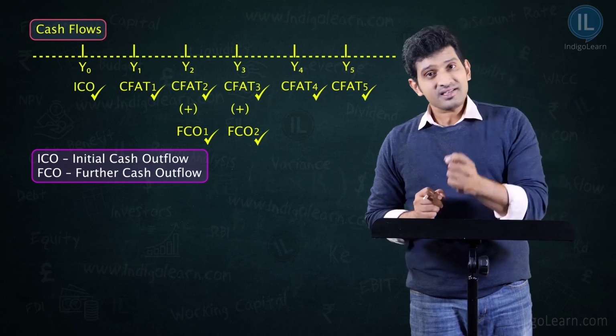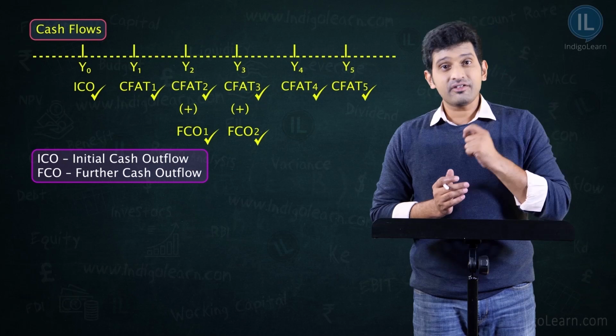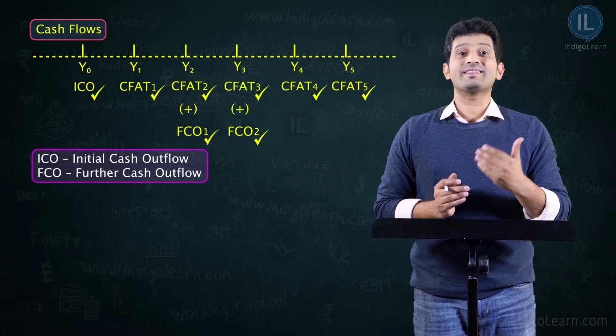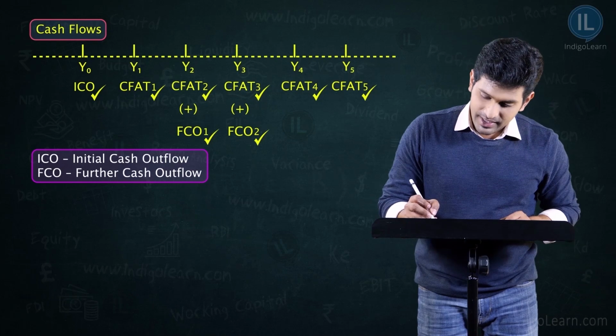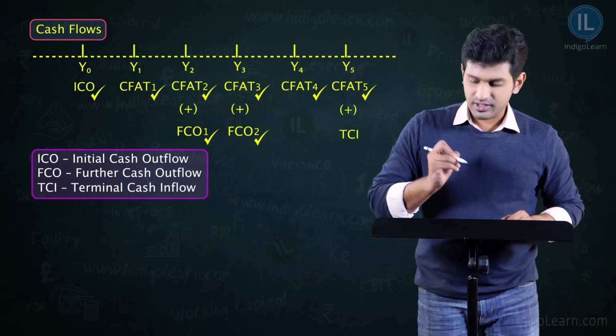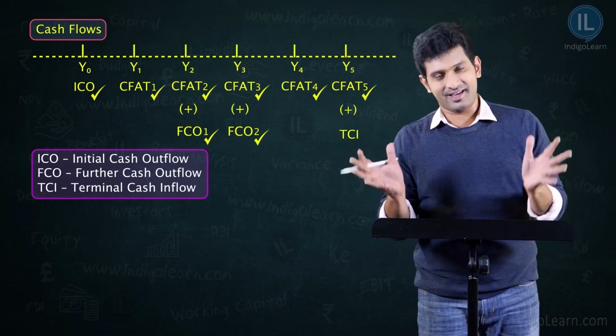And in the last year of the project, apart from these annual cash inflows, there will be a terminal cash inflow. An inflow which happens in the last year is called terminal cash inflow. Therefore, plus terminal cash inflow. We don't have to call it with a number because terminal cash inflow is always for the last year.